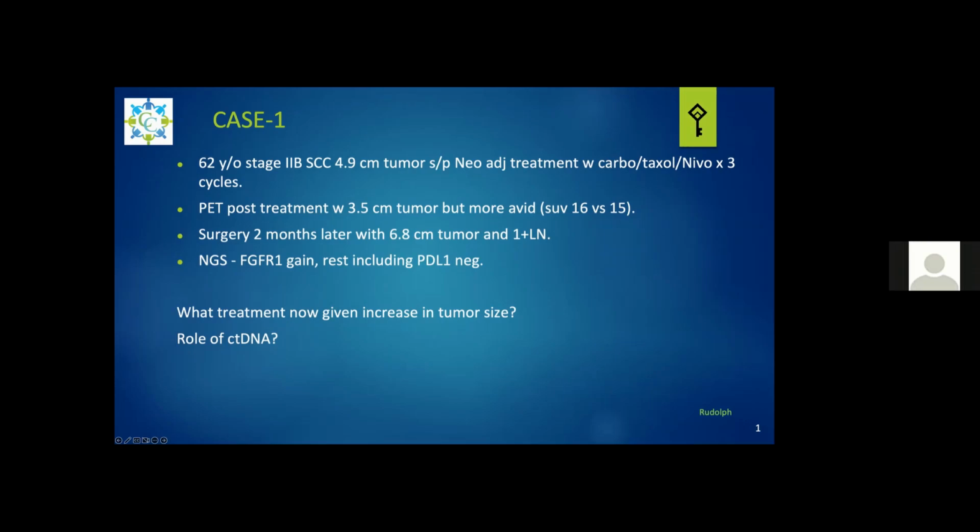So doing it now, and you had not done it prior to the chemotherapy, is going to be very hard to interpret, because if it's negative, is it because he received the chemotherapy and now we have a low level or an undetectable level because of that? And yet the patient had progressed based on anatomical data.